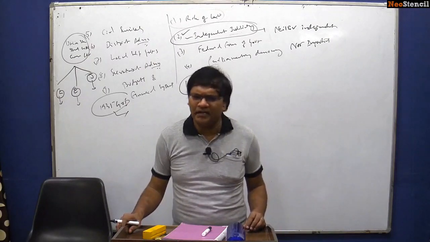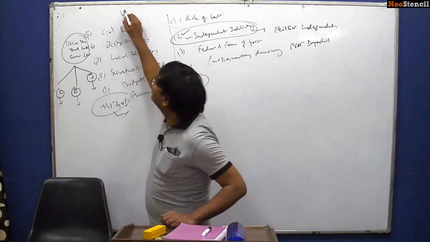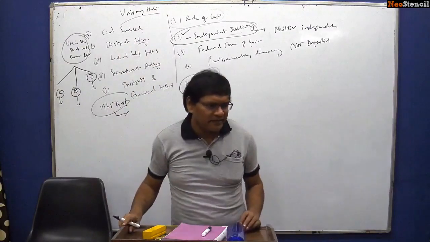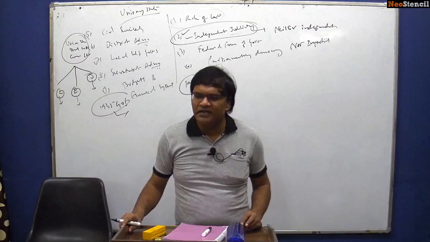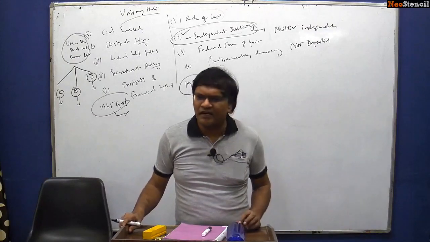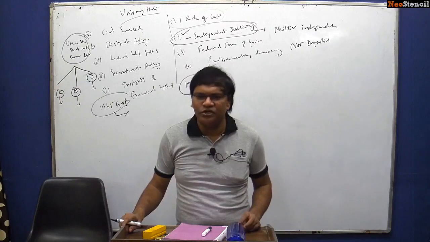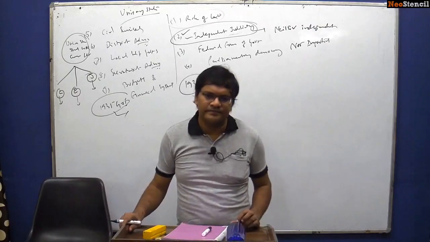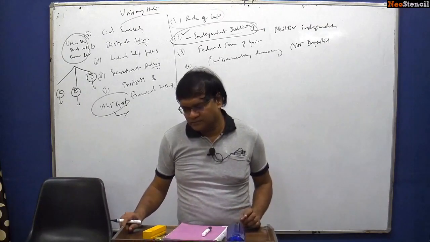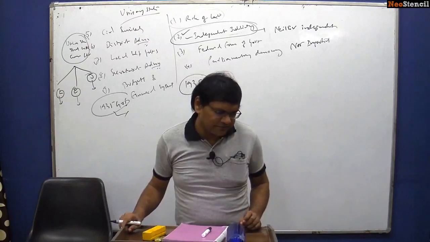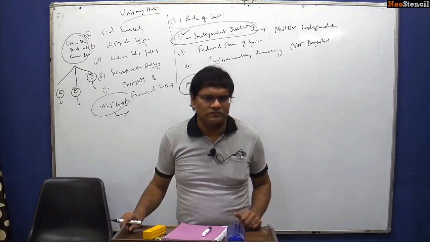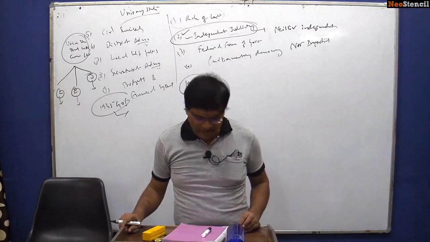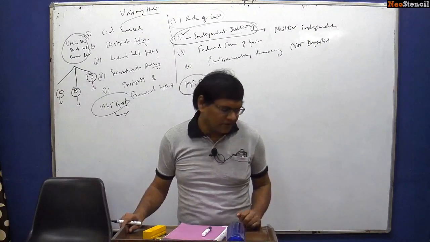Even though it was a federal form of government, India was completely a unitary state, because the Governor General or the Viceroy had absolute powers.